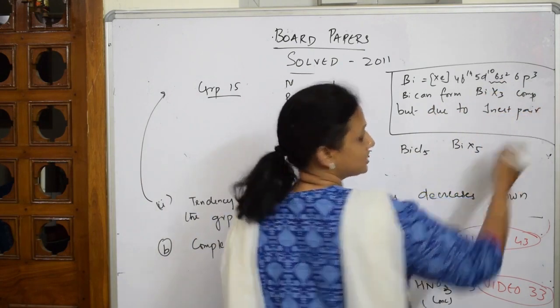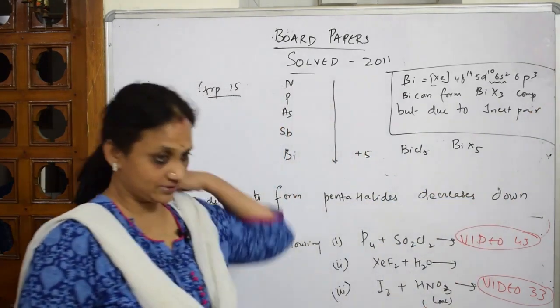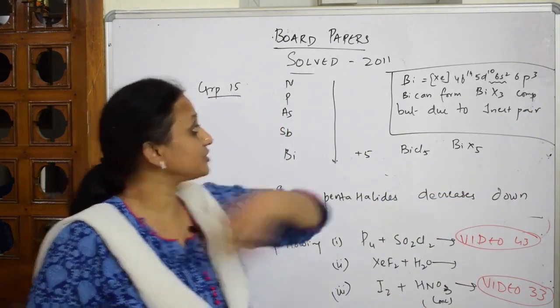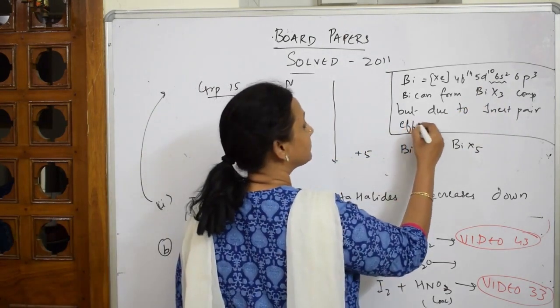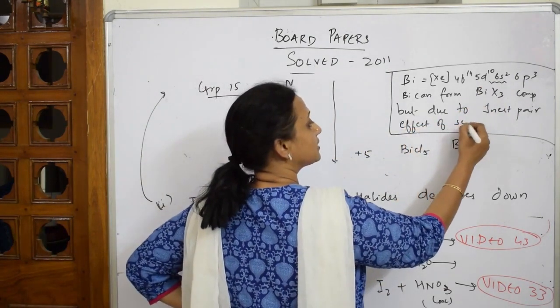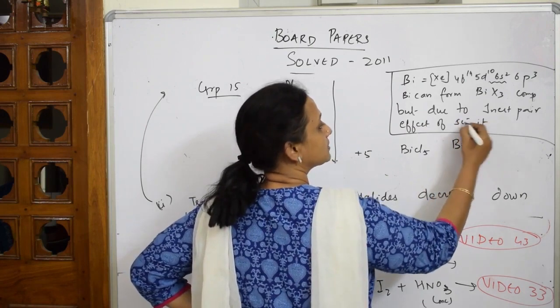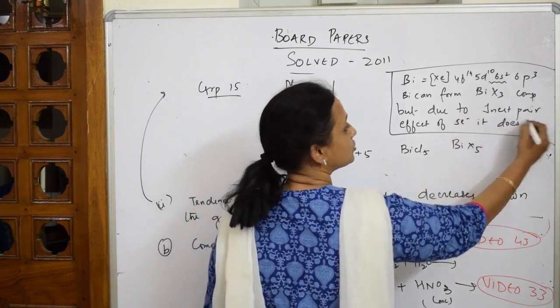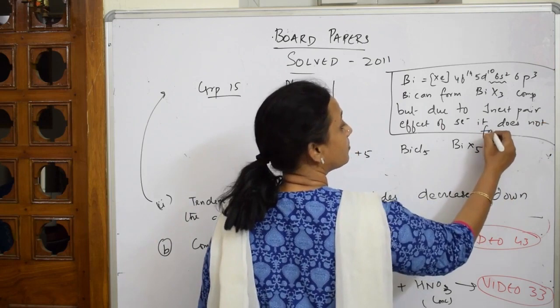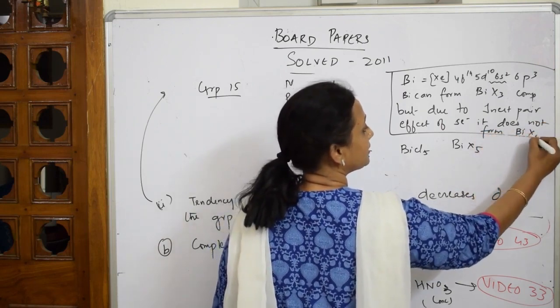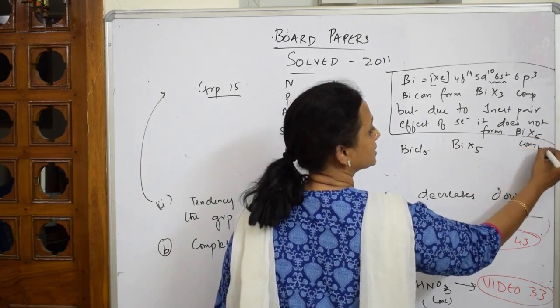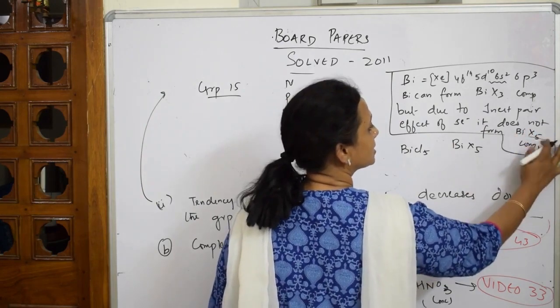You already know what is inert pair effect, isn't it? I have explained it for the grade 11 students also. That's it. This is how you're going to write the answer.